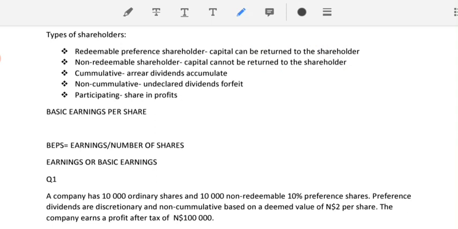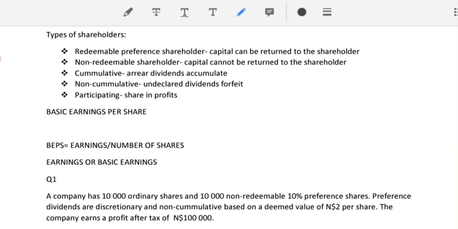We also have the cumulative type, where the dividends in arrears accumulate. If for a certain year we haven't declared a dividend, it will just accumulate. But with non-cumulative, if that year we didn't declare a dividend, there will be no dividend for that year.